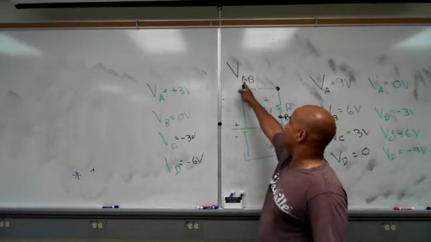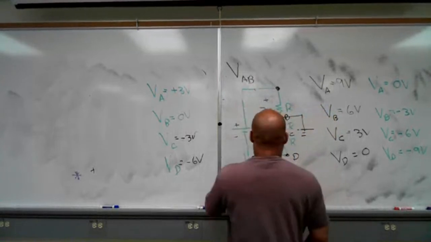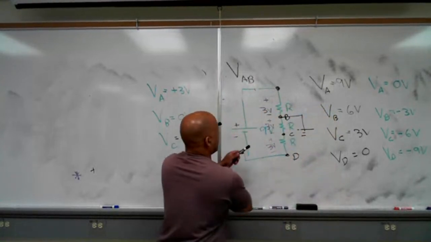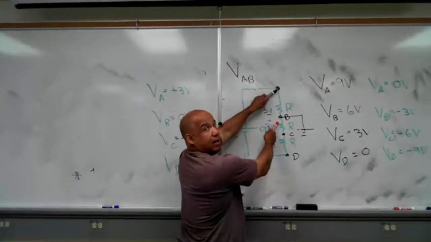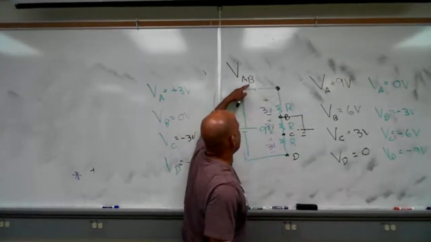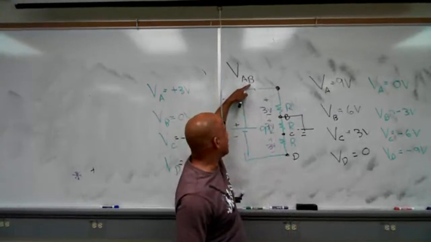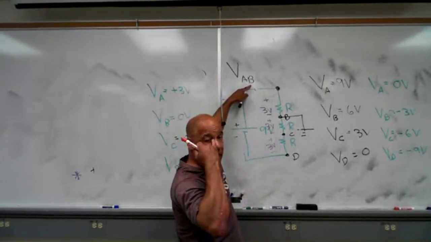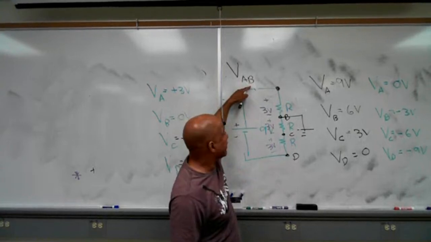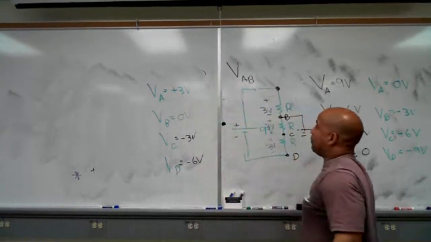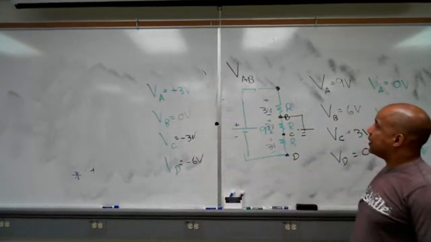So if I want the voltage at A with respect to B, I take my black lead and put at point B, and I take my red lead and put at point A. So if I have two subscripts, the second letter is where you put your black lead. That's your reference. So that's double subscript notation.